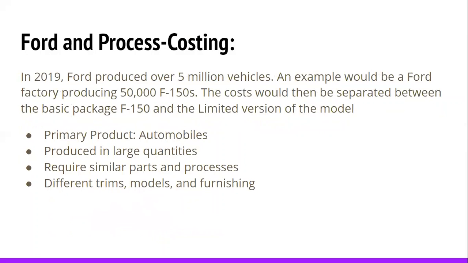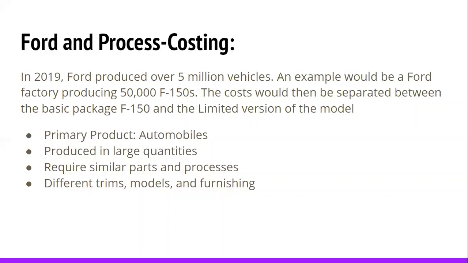Ford and process costing. In 2019, Ford produced over 5 million vehicles. An example would be a Ford factory producing 50,000 F-150s. The costs would then be separated between the basic package F-150s and limited versions of the model.